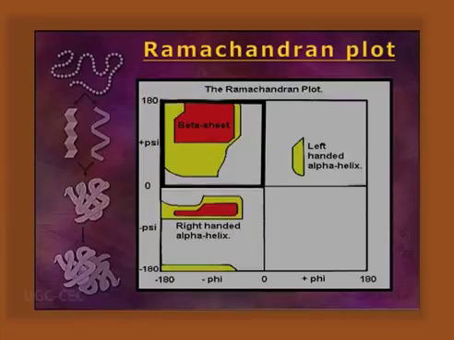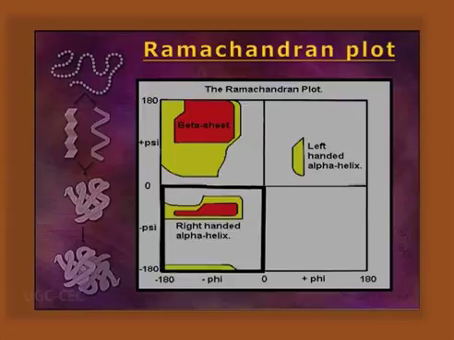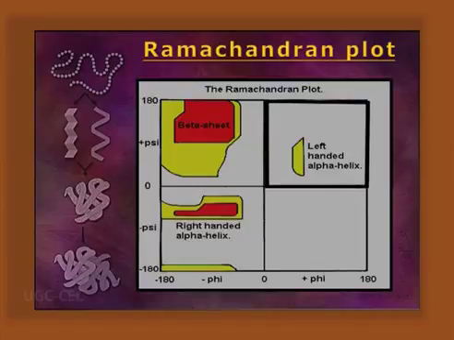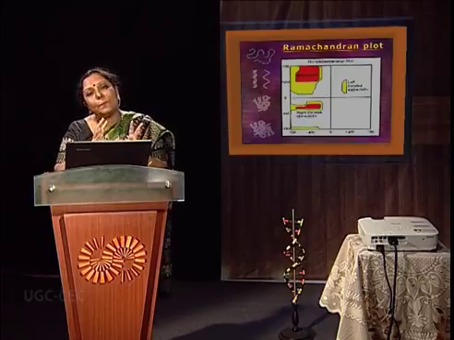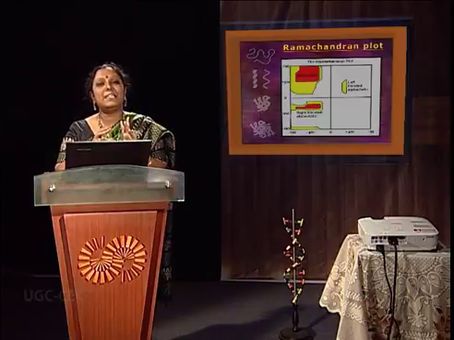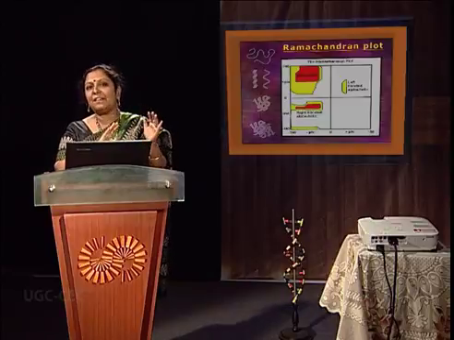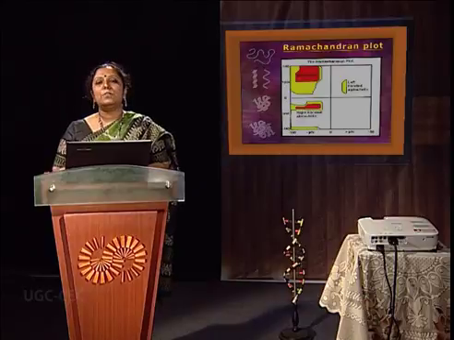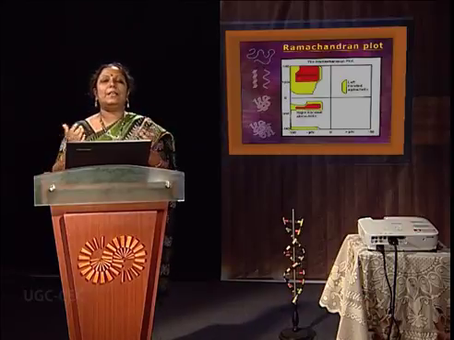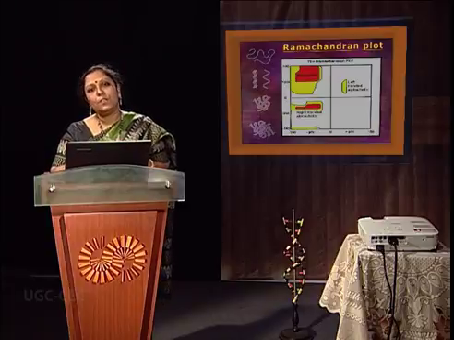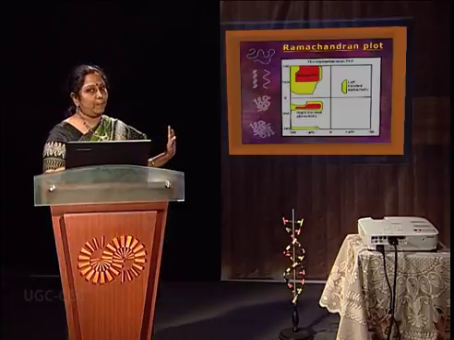You can find the beta sheet allowed structure, the right-handed alpha helix structure, as well as some left-handed alpha helix structures which are also allowed. And you can find some forbidden areas near psi equal to 0, very near the allowed region. Some forbidden areas can be made into allowed regions by twists and all. So it is actually the Ramachandran plot.